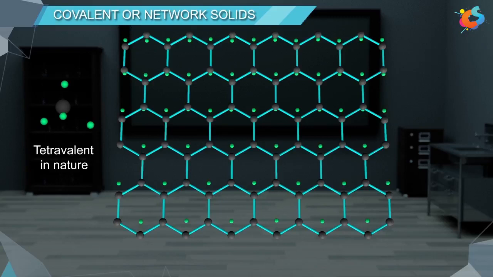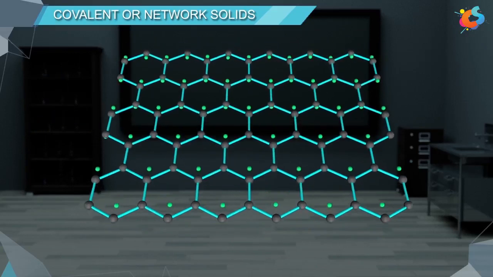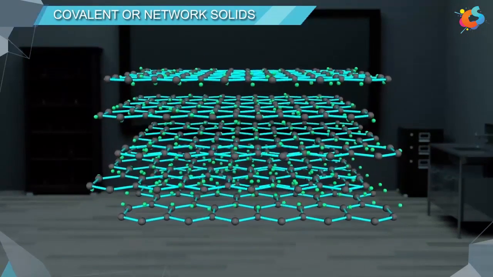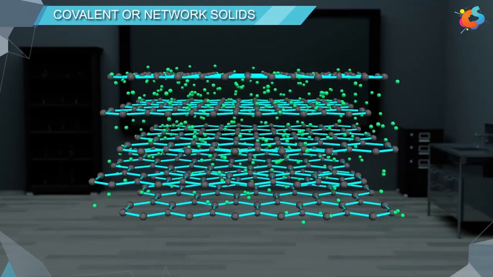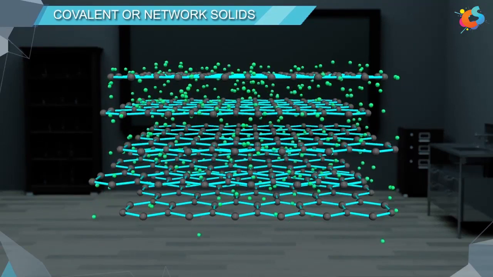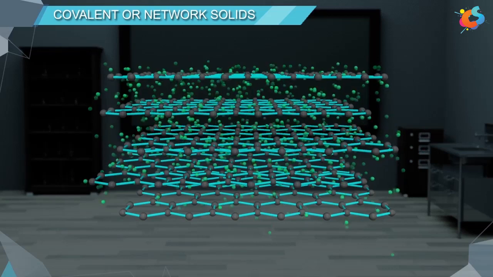In each layer, one carbon atom is bonded to 3 other neighboring atoms within the same layer. The fourth valence electron of each carbon atom remains unbonded and is present between the layers. This fourth valence electron is free to move within the structure.